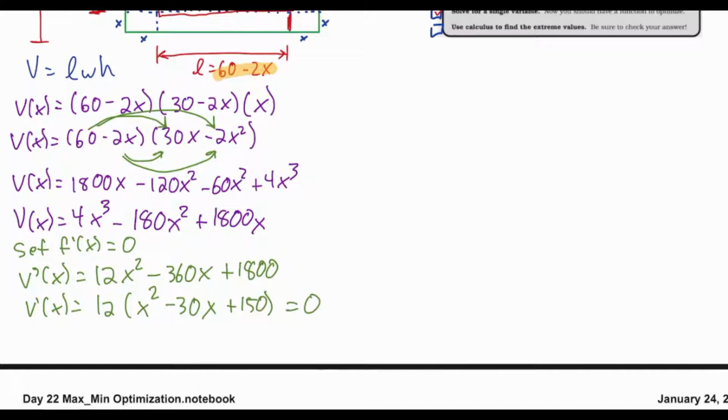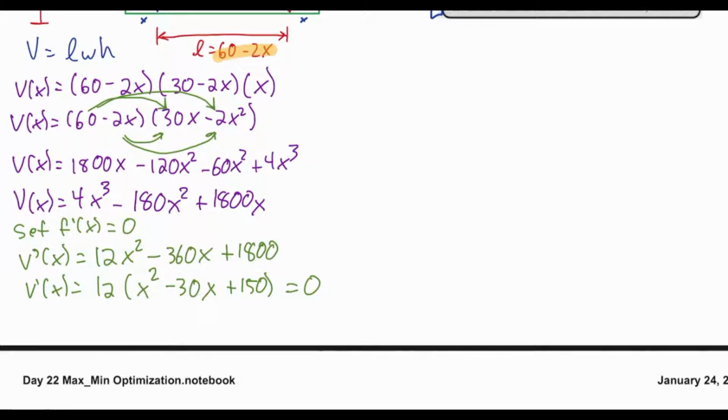And then we're going to set it equal to 0. So let's set each factor equal to 0. 12 is never going to equal 0. And when is this going to equal 0? Well, we could factor it using traditional methods, or we can just use the quadratic formula.